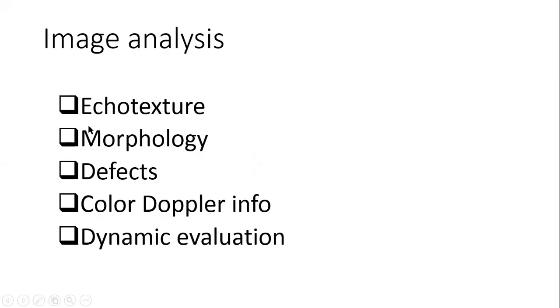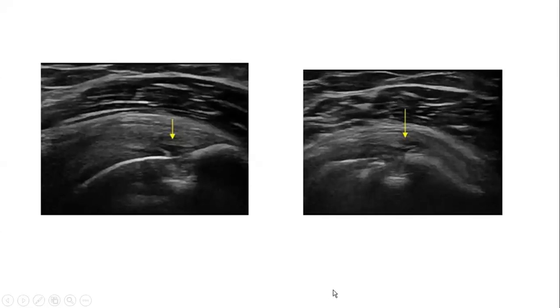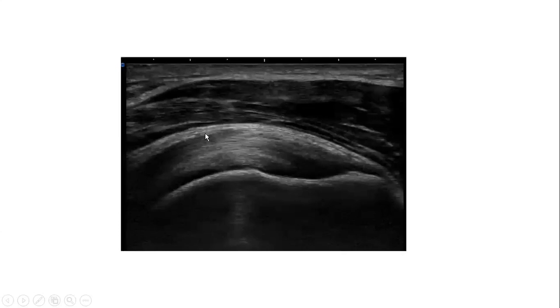Good. Second point, morphology. Now comment on the shape of the tendon. Does it have its normal shape? No, right? There's loss of normal tendon contour or tendon shape, because it is supposed to be like a bird beak, like a peacock beak, rounded, and then comes here.